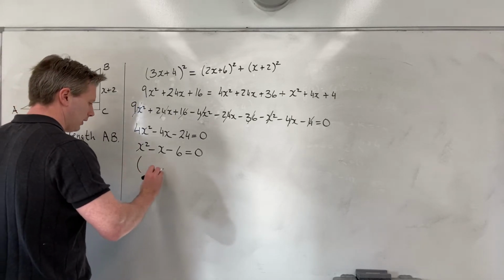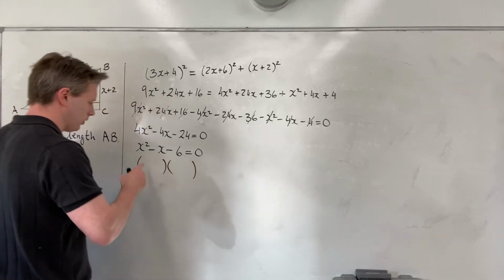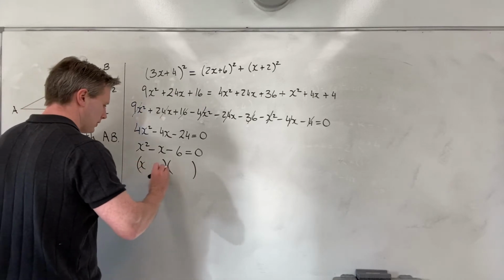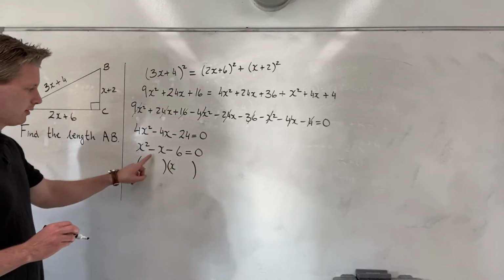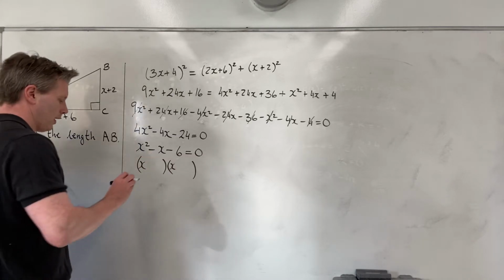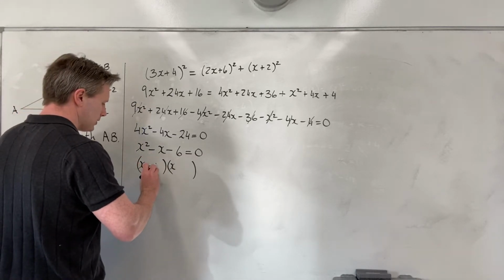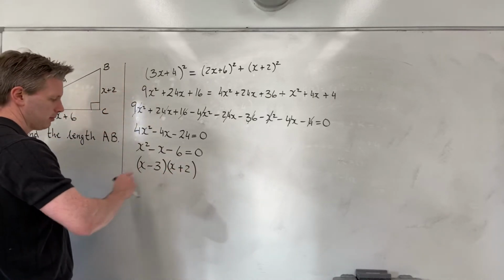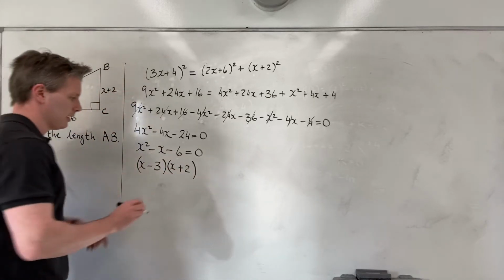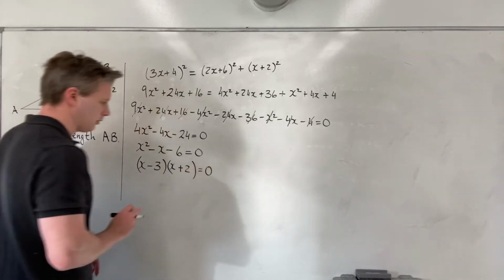I'll try trial and error first, see if that works. So I have an x squared here, so that's x and x. I want factors of negative 6 that will sum to negative 1x, so that will be minus 3 plus 2. Minus 3x plus 2x gives me minus x. And of course that's equal to 0.